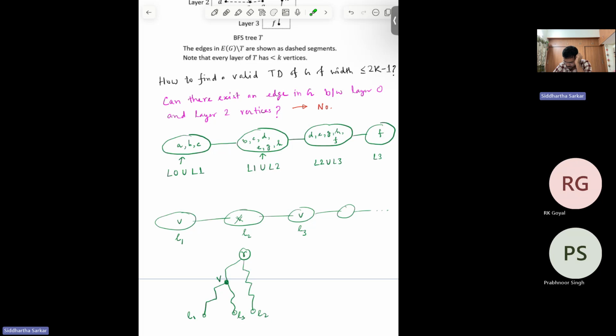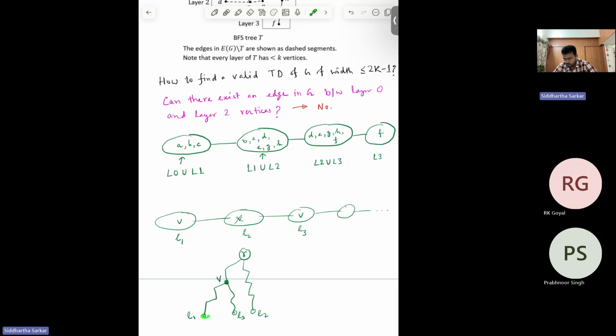So the thing is, you have to process the leaves from left to right, in the sense that L2 cannot be here. When you do the DFS, you keep reporting the vertices. First you report the root, then you go deeper and deeper. Then you take care of all these vertices. Then you come here, and if L3 is discovered before L2 in the DFS traversal, then you wouldn't have drawn the bag for L2 before the bag for L3, because L3 is discovered before.